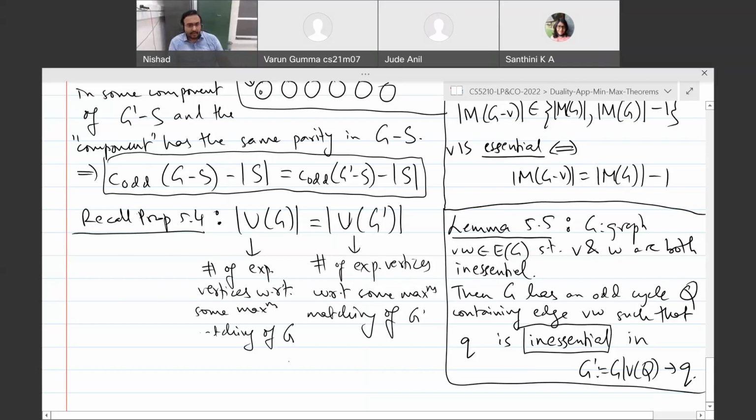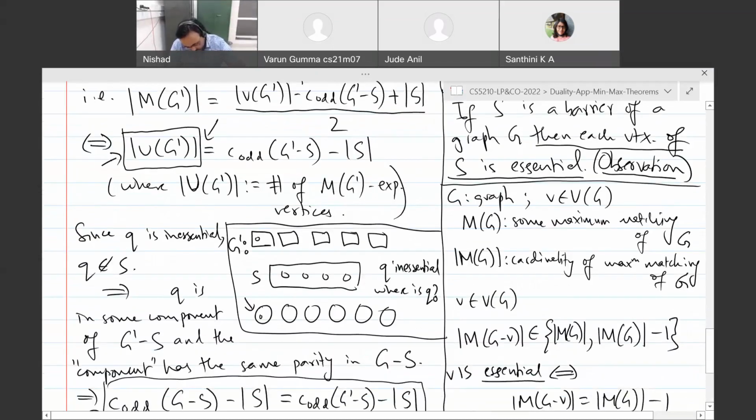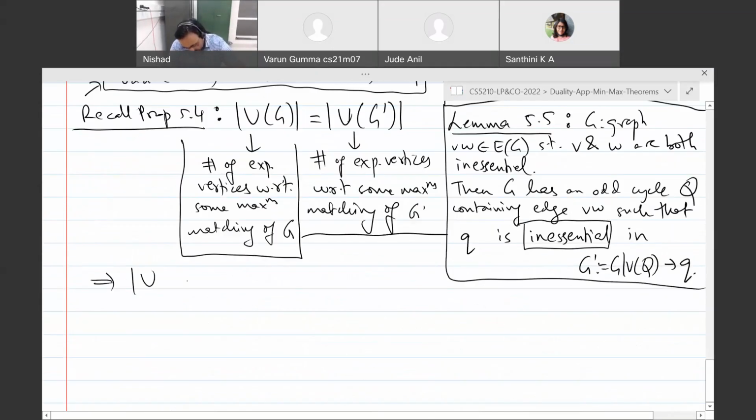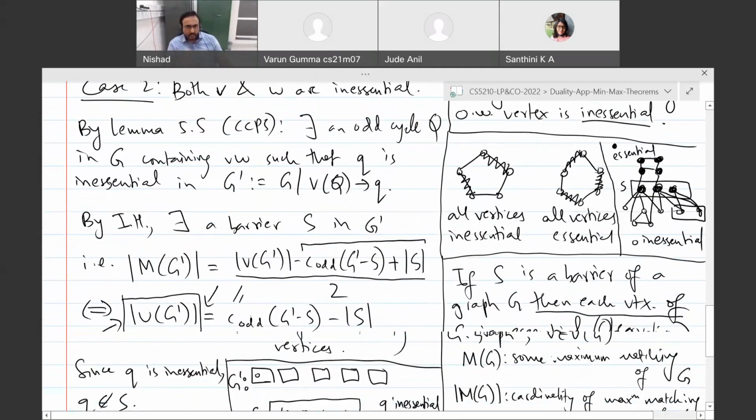Okay, but that's it. That means that the number of exposed vertices in G is exactly equal to this quantity by putting these two equations together. So this implies that the total number of exposed vertices in G is precisely this quantity. And that is exactly what we want to prove, because we noted that this is the same as saying that the size of the maximum matching is equal to this quantity, right?